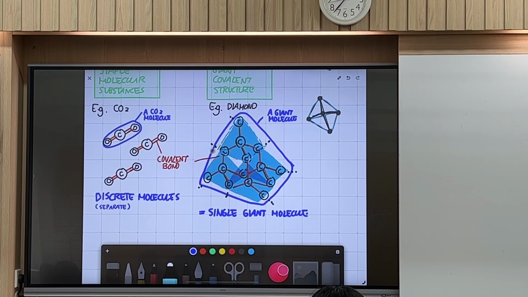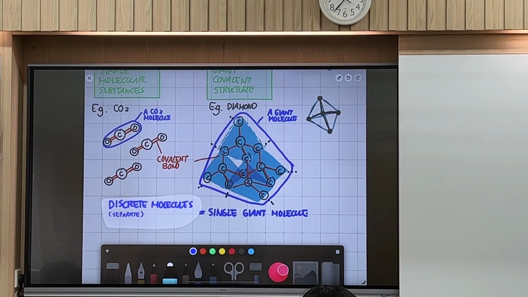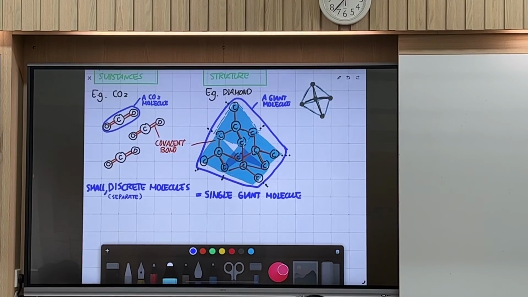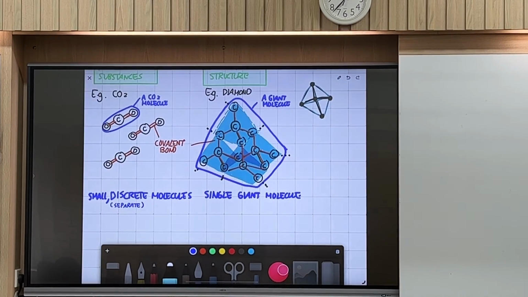It's giant because this molecule doesn't just have 1 or 2 atoms, but many, uncountable. And for simple molecular substances, I want you to write small, discrete molecules. Not only are they individually small, there are also many of them. So these 2 descriptions you need to know: small, discrete, single, giant.